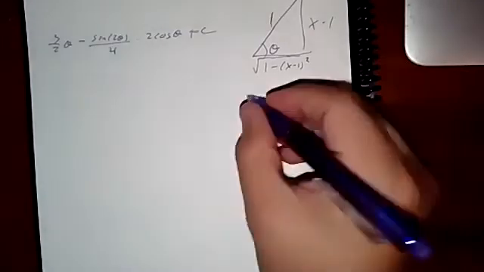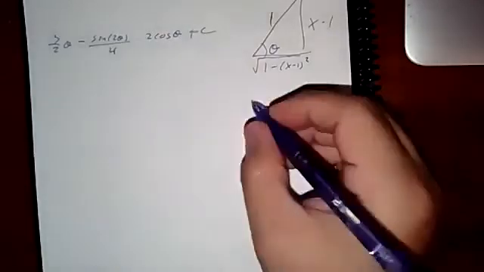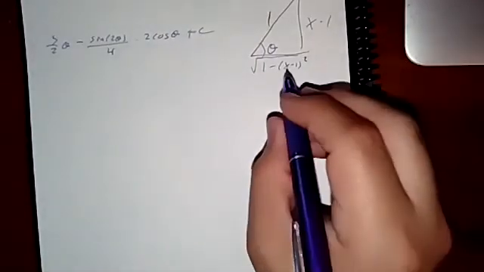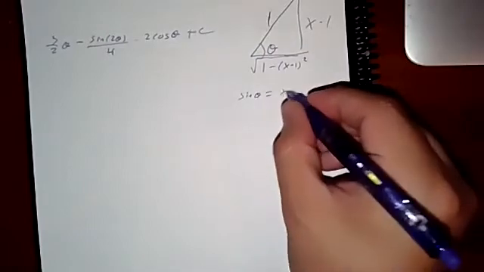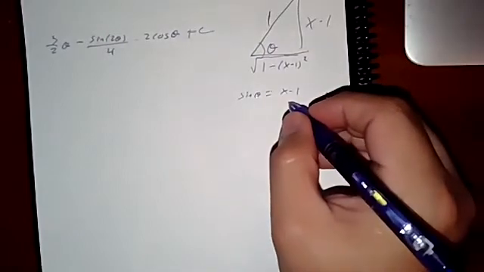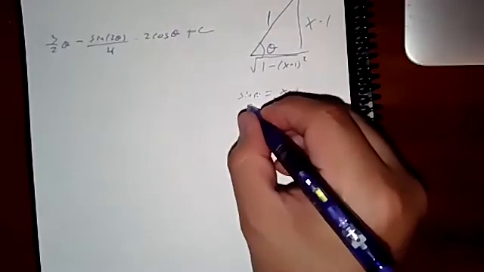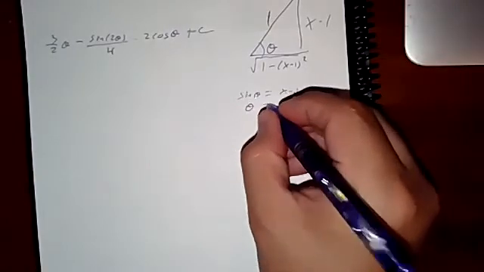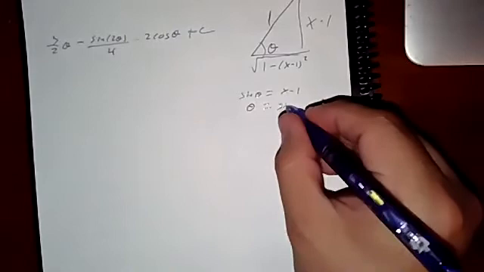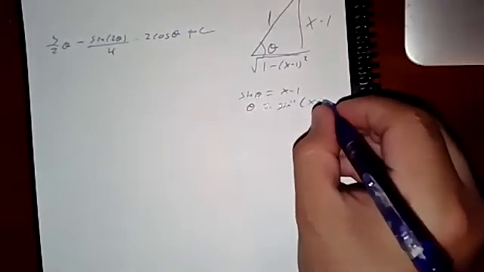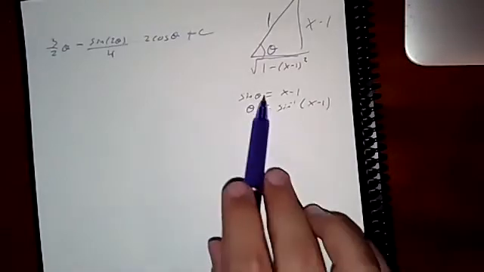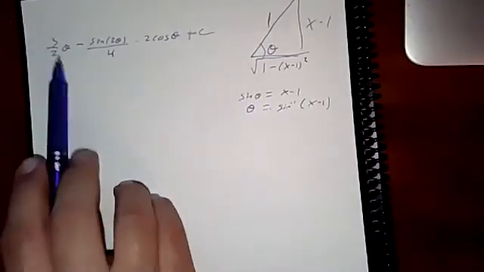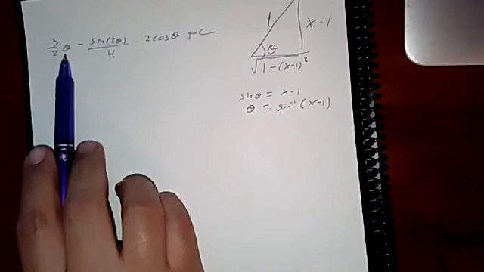We said sine theta is equal to x minus 1, right? Which means that theta is equal to sine inverse of x minus 1. So I have to do sine inverse of both sides to solve for theta. That's the only way I can get this guy. See what I'm saying?